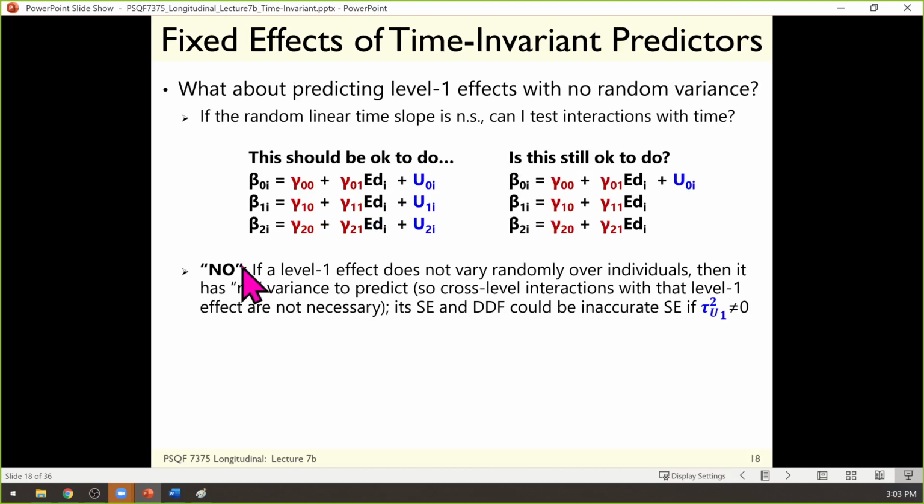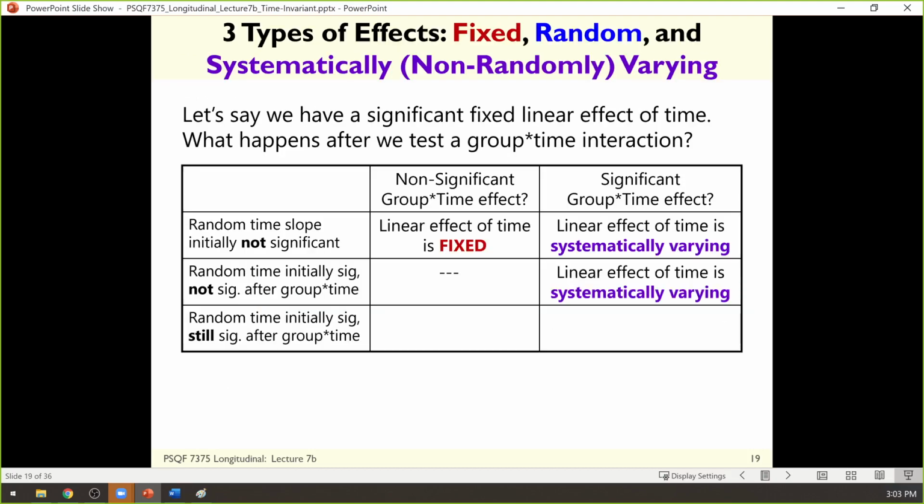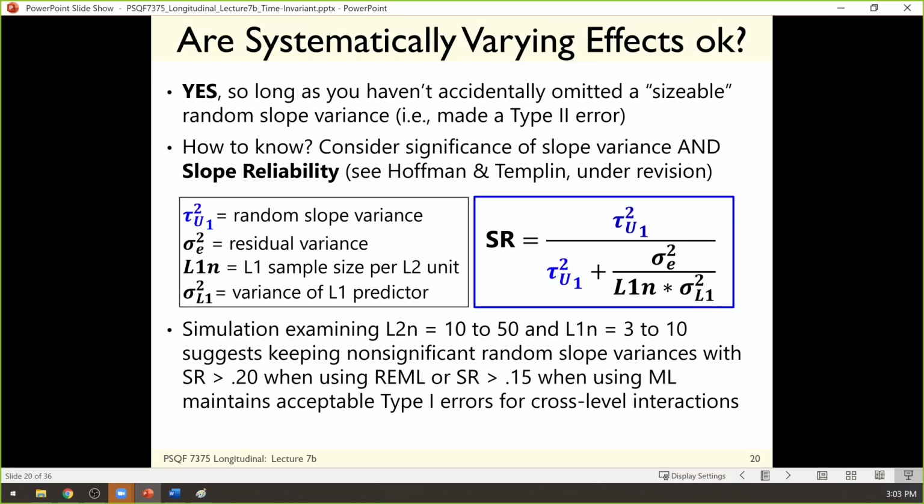This is actually a topic that I've been personally interested in from a research standpoint, and there is a paper that I am working to revise and resubmit looking at this issue. I came up with a compromise in terms of when one should keep random slopes when you have small samples in which they may not have a lot of power.